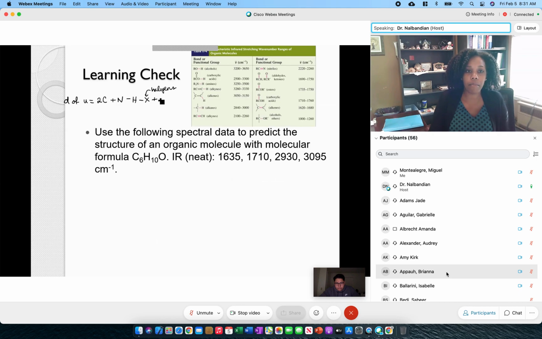Plus 2 divided by 2. Always plus 2 and always everything there divided by 2. So our degree of unsaturation for this problem, 2 times the number of carbons, so 2 times 6. And then we don't have any nitrogen, so then minus 10 for the number of hydrogens, and oxygens just don't show up there. So plus 2 divided by 2.